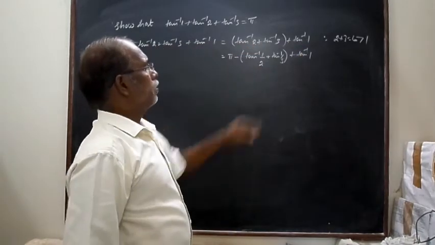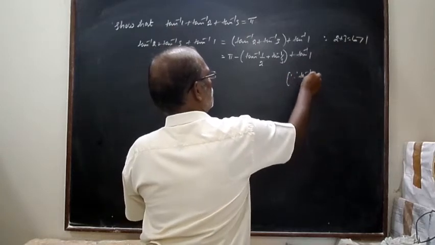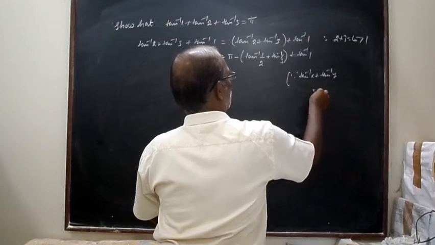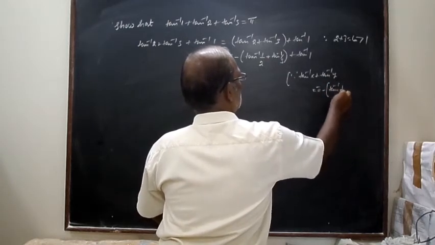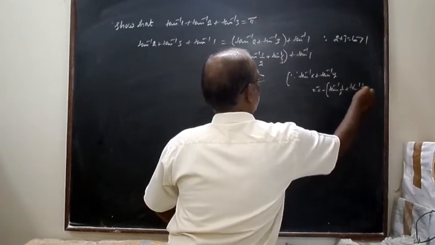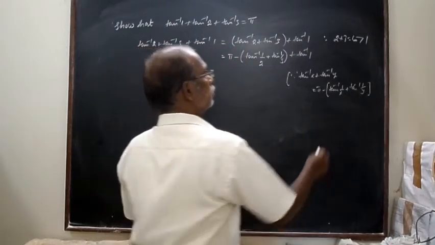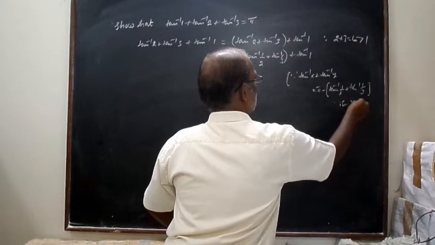So this is very important. Remember, tan inverse x plus tan inverse y is equal to pi minus the quantity tan inverse of 1 by x plus tan inverse of 1 by y, whenever x into y is greater than 1.